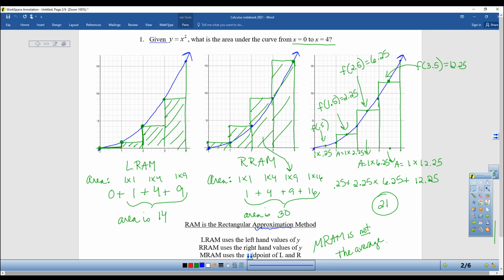Just in case you're curious, the actual exact answer is 21.3 repeating. So this is an amazingly good approximation. You will, before the end of the class, know how to find the exact answer, and then this area in blue is 21.3 repeating.